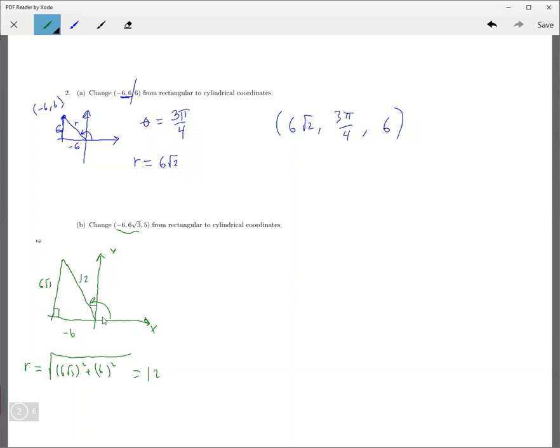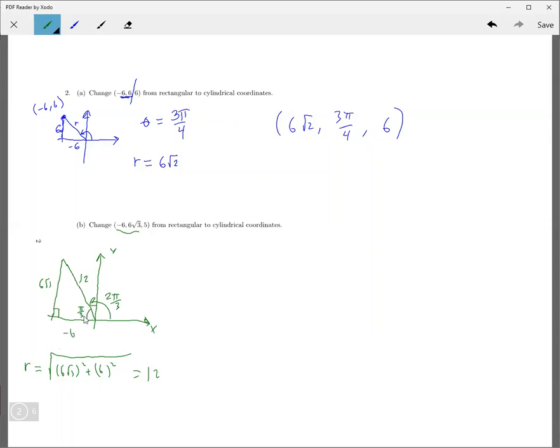Yeah. Okay, but do you recognize the triangle? Do you recognize what this angle is right here? Pi over 3. Yes, that's pi over 3. So that means that this angle is 2 pi over 3. It's a 1, 2, root 3 triangle.